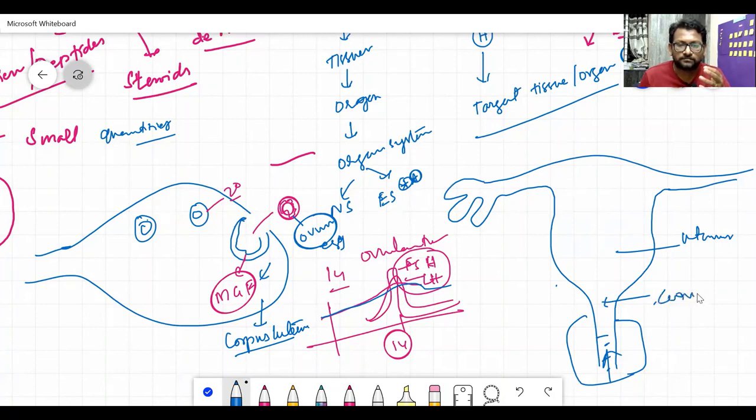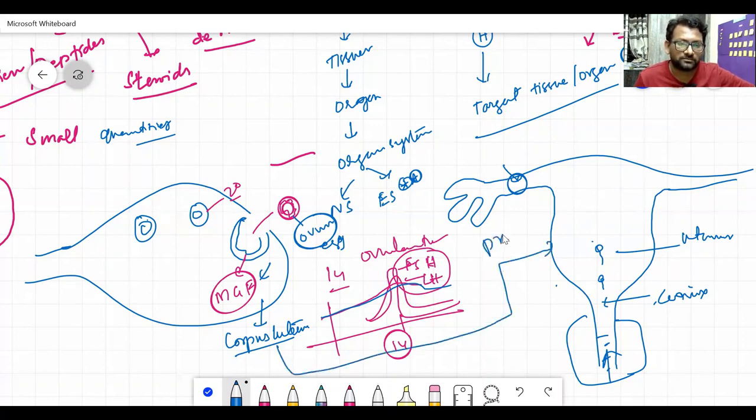Cervix. So sperm should travel all along this and reach the site of fertilization. Without going into much depth, one important aspect is that corpus luteum produces progesterone, which maintains the lining of the uterus.